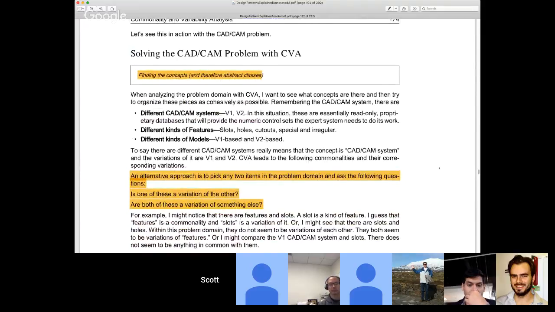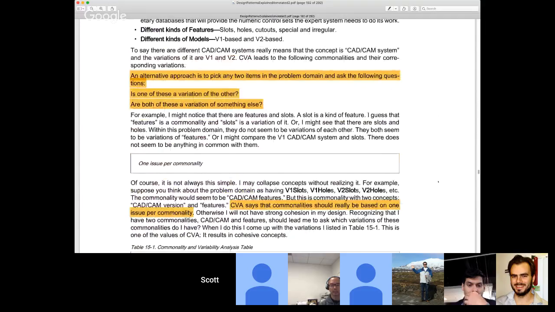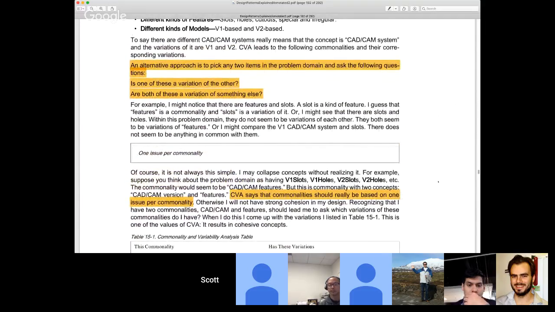So for here, the concepts, the contexts, are the different CAD/CAM systems, the different kinds of features, the holes, slots, cutouts, etc., and the models. So rather than saying there are different CAD/CAM systems, we want to think of it as one CAD/CAM system and then see if we can have a common interface to both.